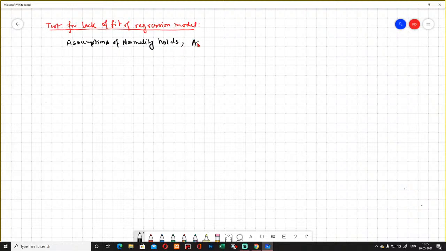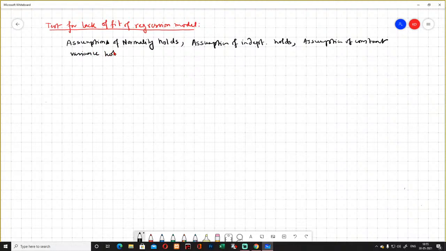Also assumptions of independence hold. And assumptions of constant variance, this also holds. Okay. So these assumptions suppose hold.